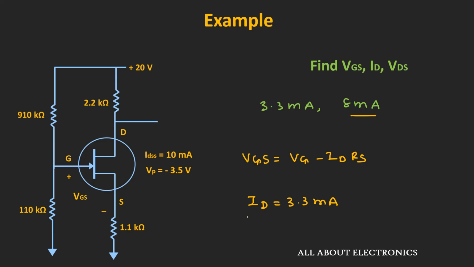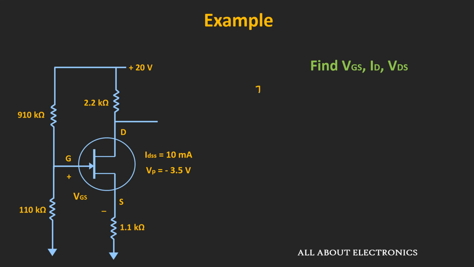And with this value, the voltage VGS is equal to 2.157 volt minus 1100 times 3.3 milliampere, which is equal to minus 1.47 volt. That means ID is equal to 3.3 milliampere, while the VGS is equal to minus 1.47 volt.